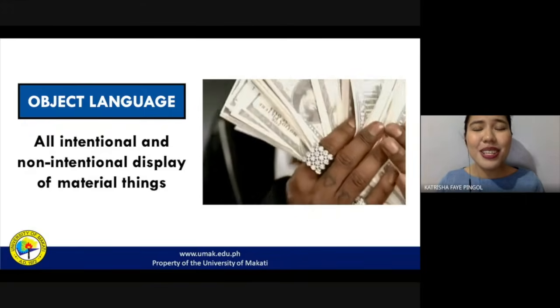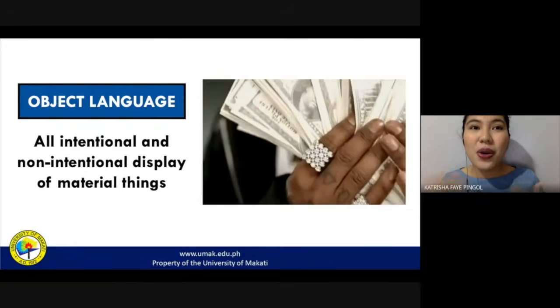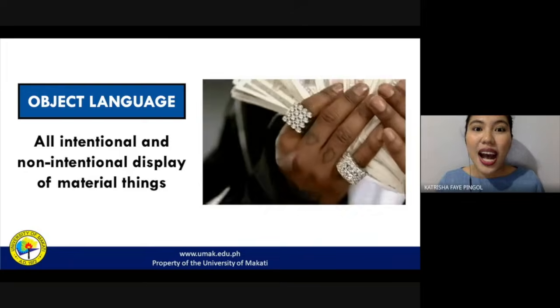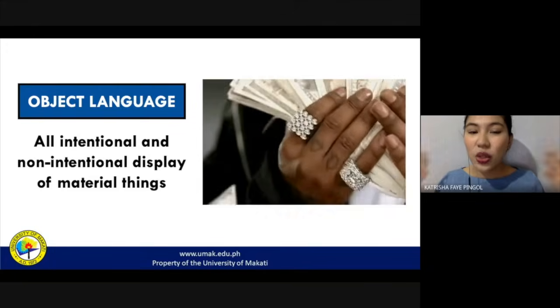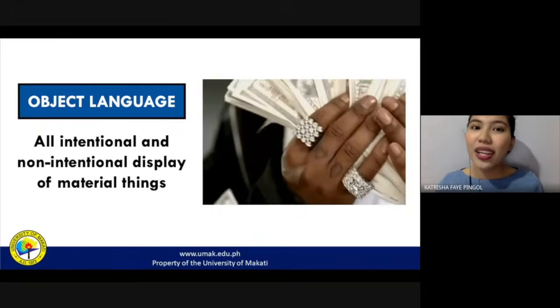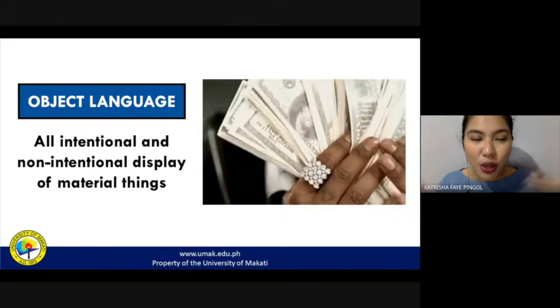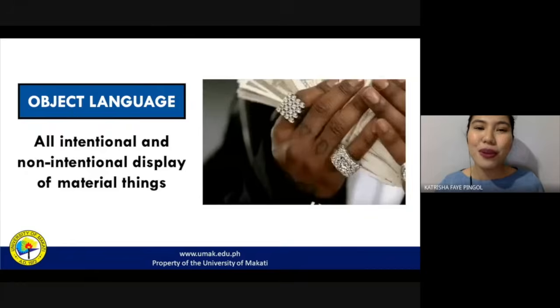This is the reason why whenever we present ourselves in public, we also need to consider how we do it in a physical way. The way that we dress up, the way that we wear our jewelries, even what kind of jewelries we are wearing, even what brand of clothes or what designs of clothes we are wearing.